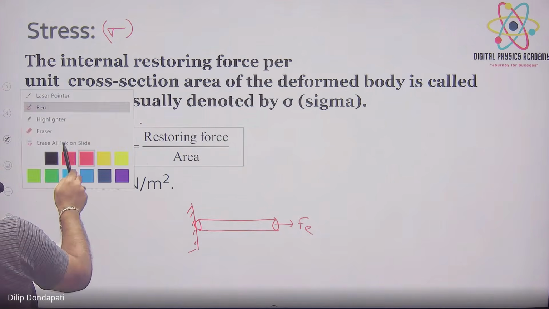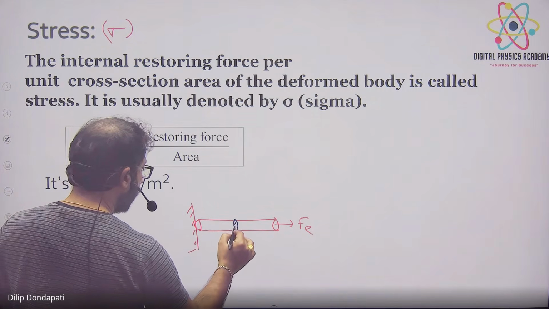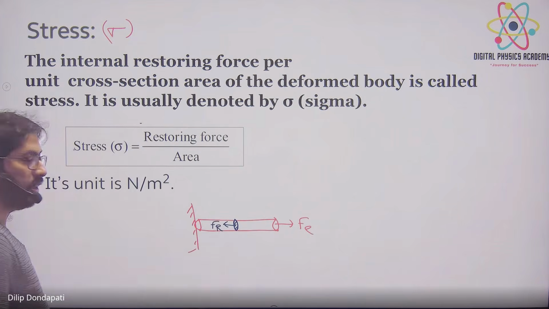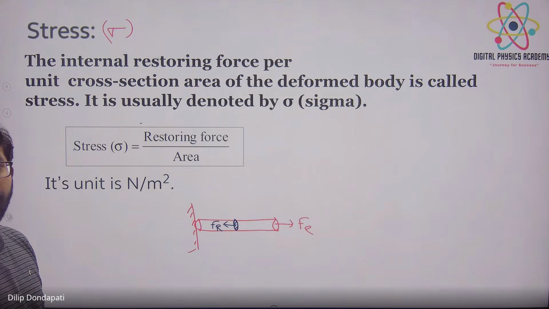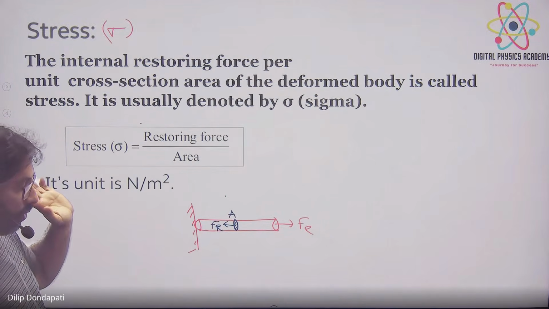So what will happen? On every cross section there is a restoring force acting in the opposite direction. So the restoring force acting per unit area is called stress.